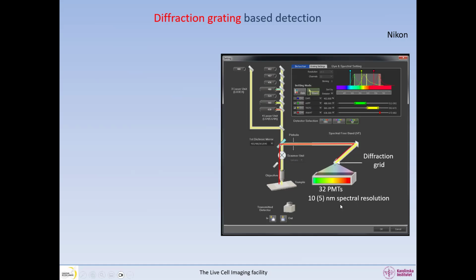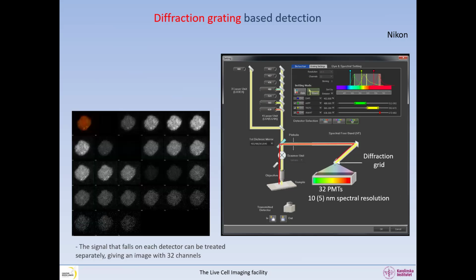So this ribbon of light from your sample will reach these PMTs. The signal will fall on each of these detectors, and each of these small detectors could be treated separately, and it will give you an image with 32 channels.